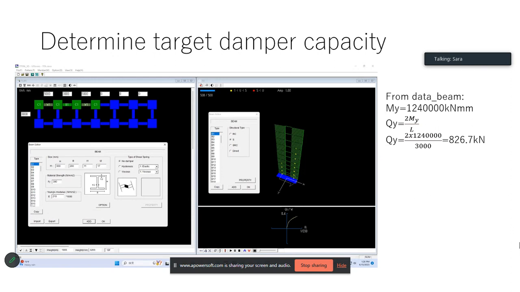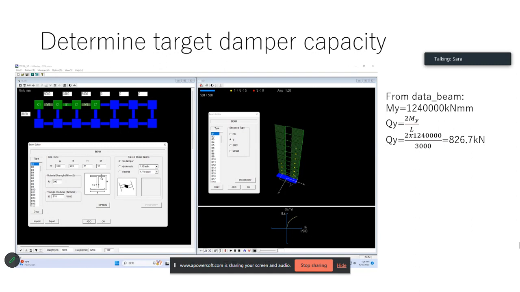In this ETABS 3D model, I built the 10 stories with the steel coupling beam, and from the moment data of the coupling beam I got this capacity here, 826 kilonewton.